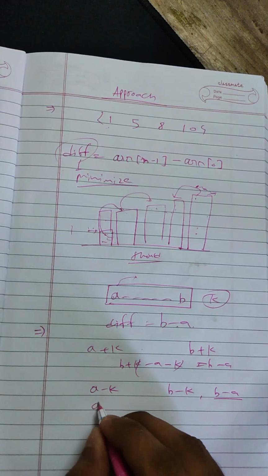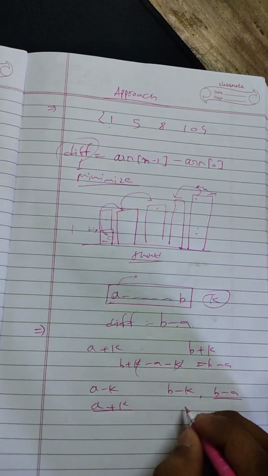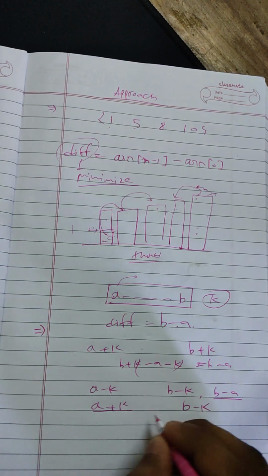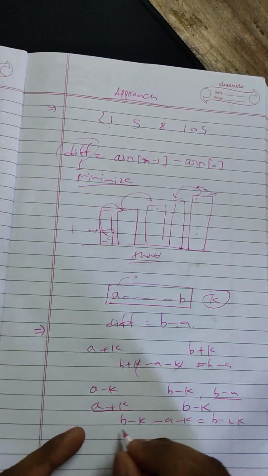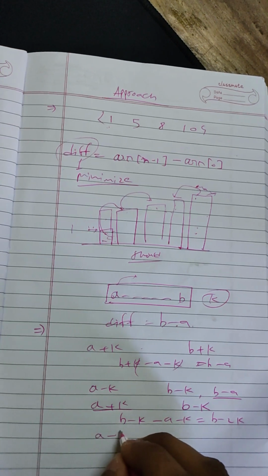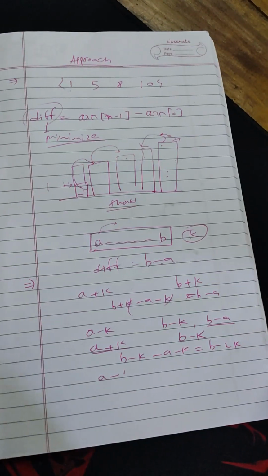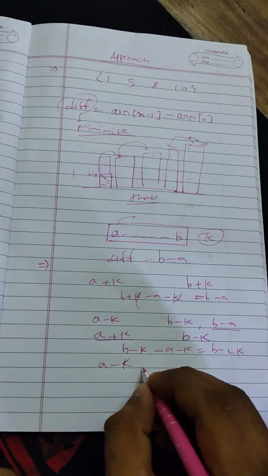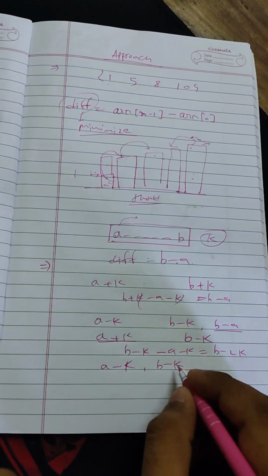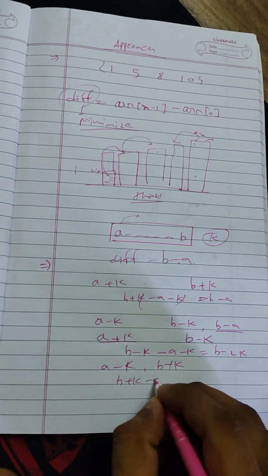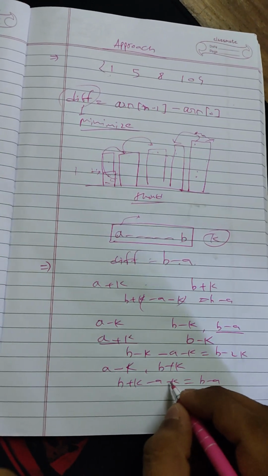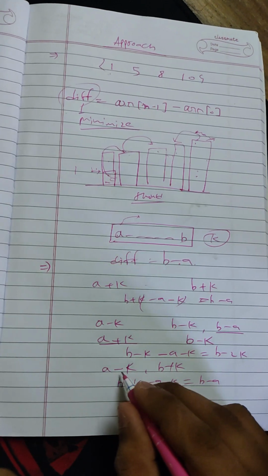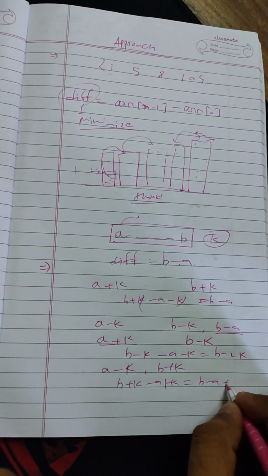The other case is increment in a and decrement in b, then the difference is b minus k minus a minus k, which is b minus a minus 2k. And the other case is a minus k and b plus k, then the difference is b plus k minus a minus k, which is b minus a plus 2k.